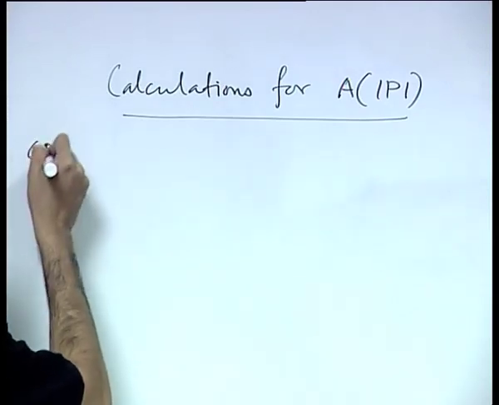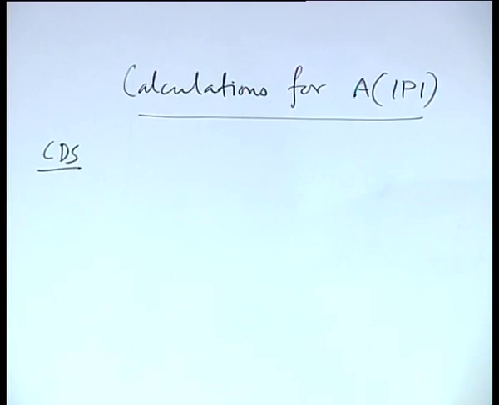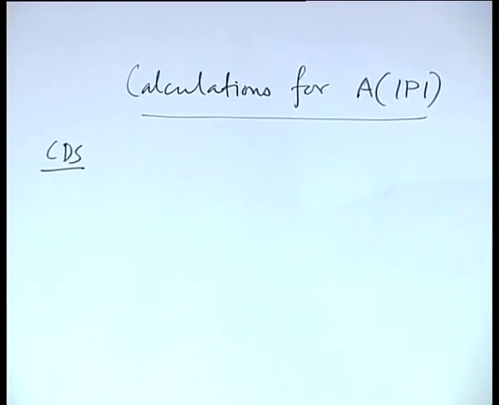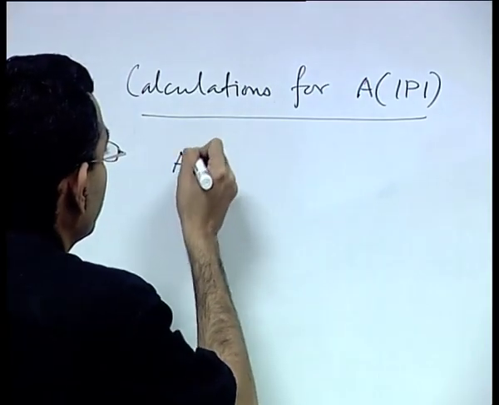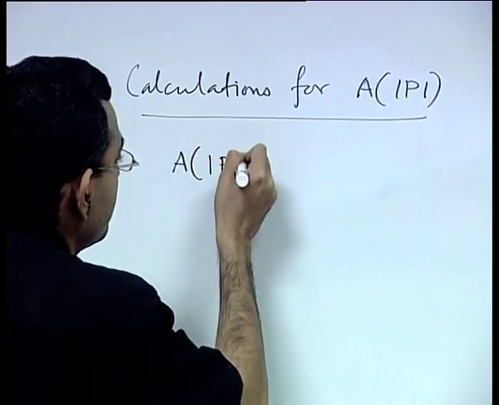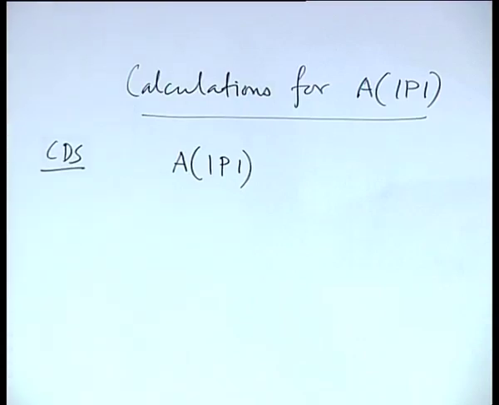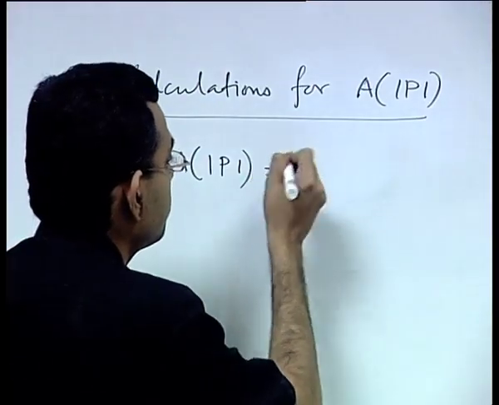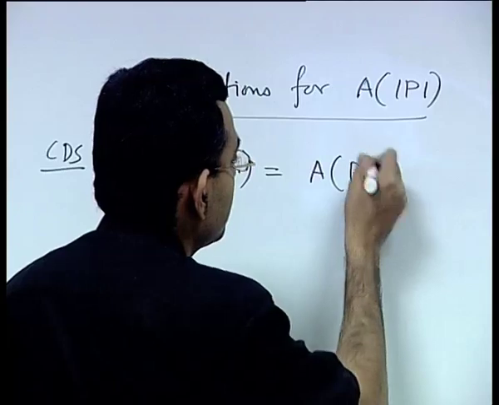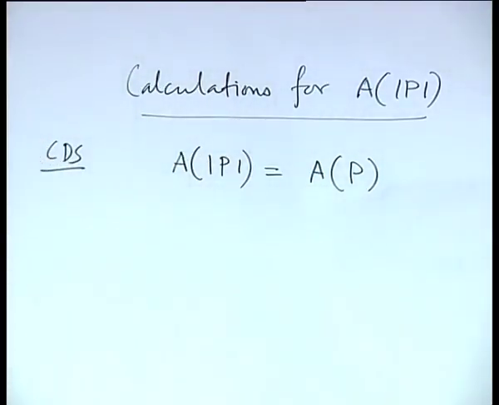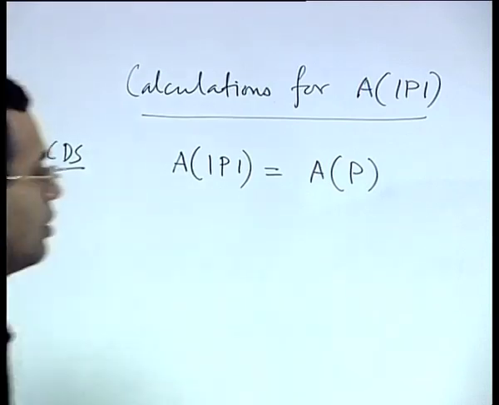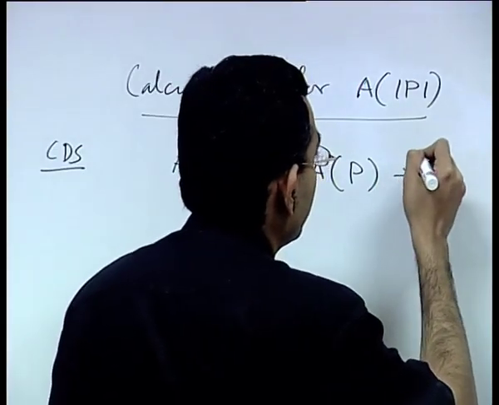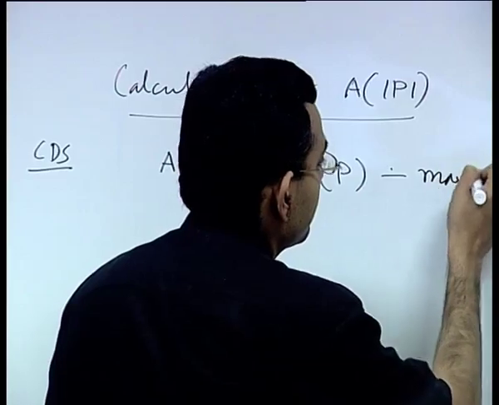First let us consider the central difference scheme. So A of mod P is equal to A of P minus max of minus P and 0.